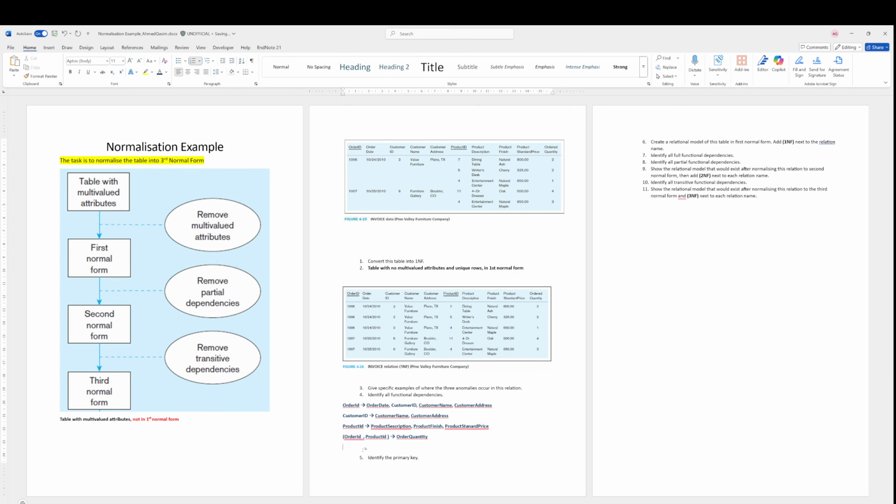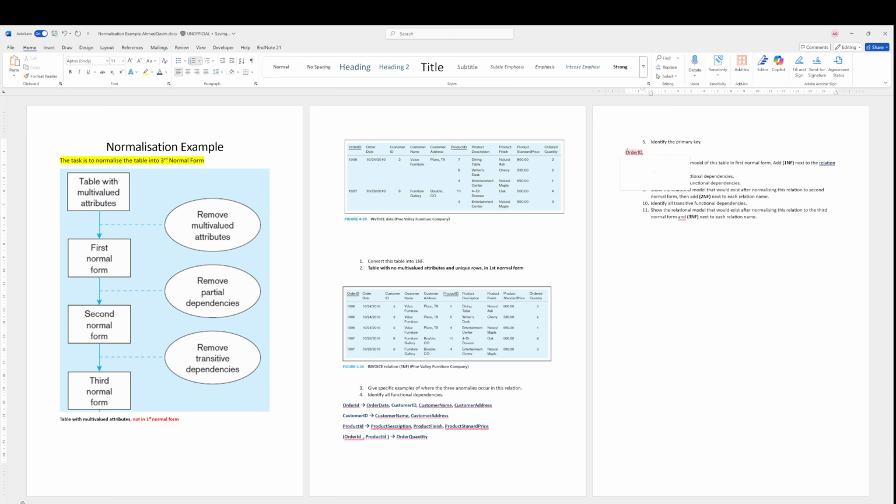so I'll just start a new page. Order ID. What else is going to determine the primary key for this relation?